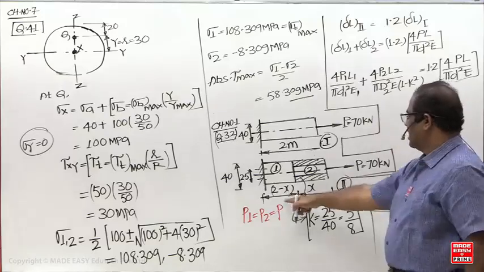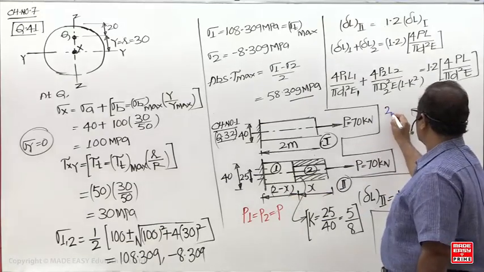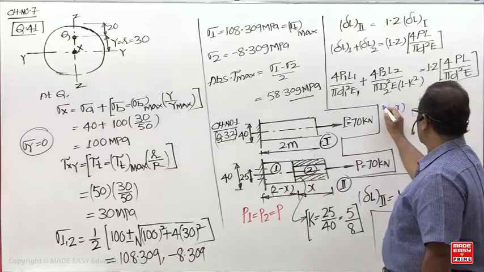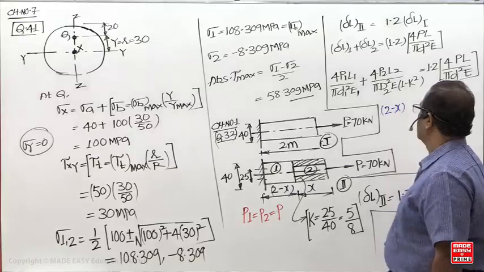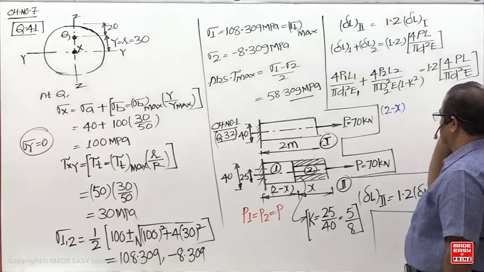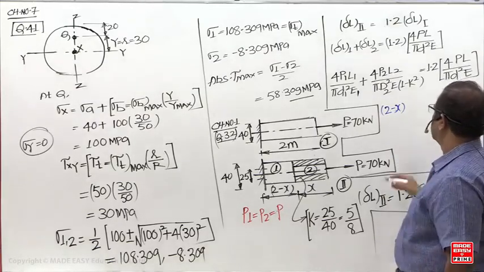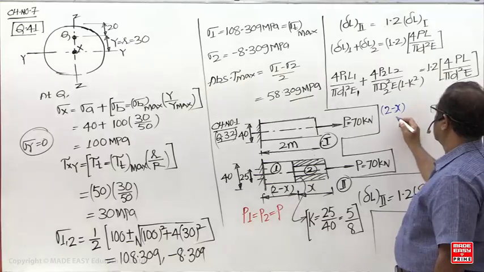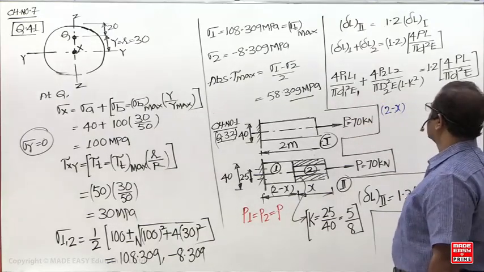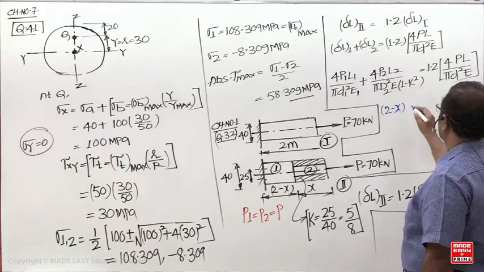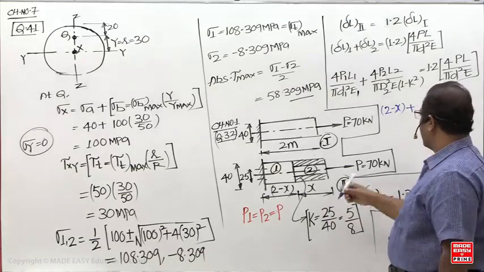L1. What is the length of this now? 2 minus x. Pi d square E will get cancelled out. And what is the length of this bar now? x.